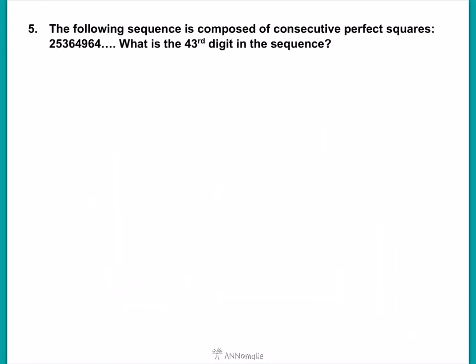Here is quite an easy problem. The following sequence is composed of consecutive perfect squares. So we can see the first perfect square is 25, 5 squared, 6 squared, 7 squared, 8 squared, and then 9 squared.